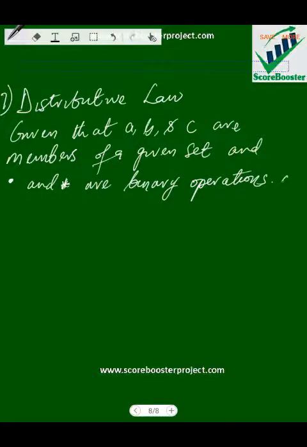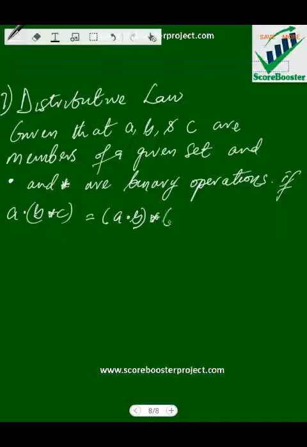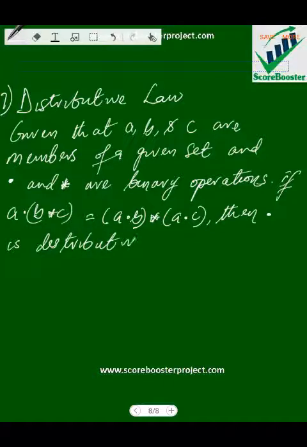Okay, if A dot, B star C is the same as A dot B, star A dot C, then this operation dot is distributive over operation star.